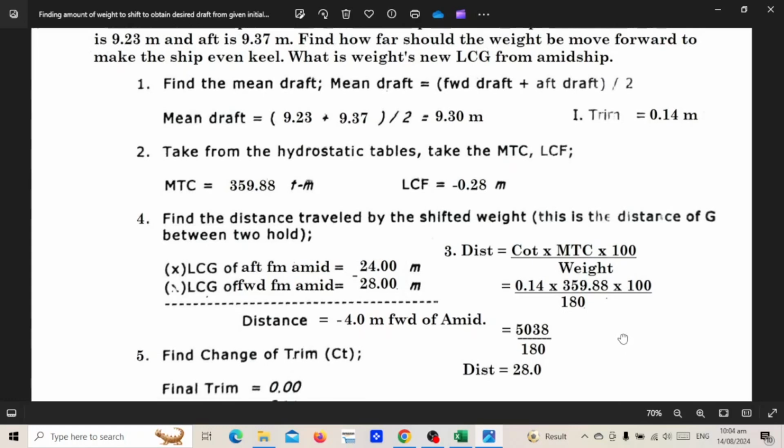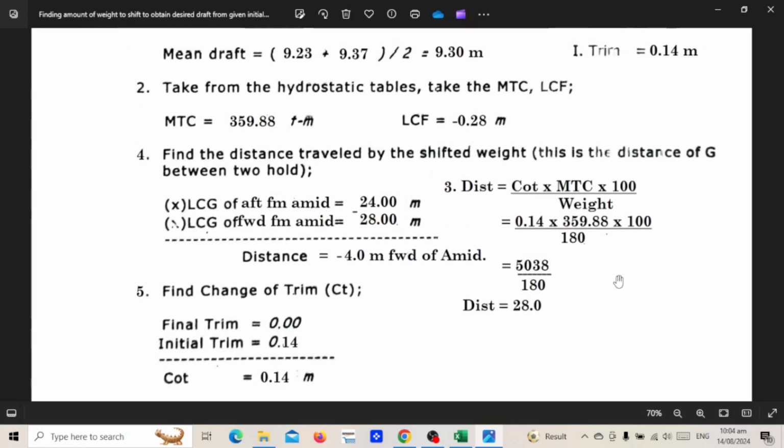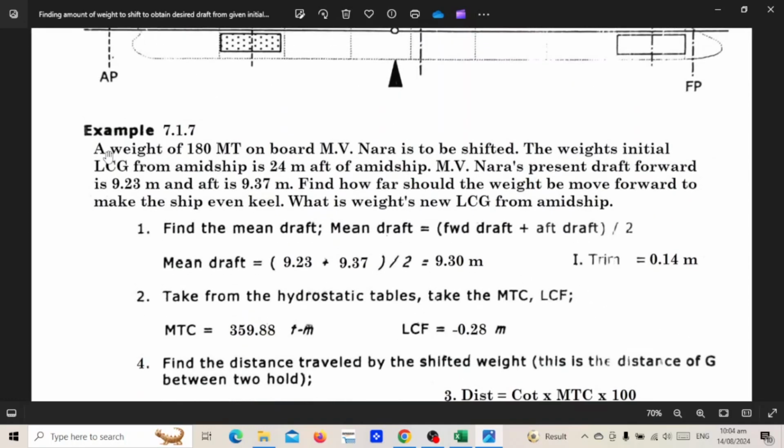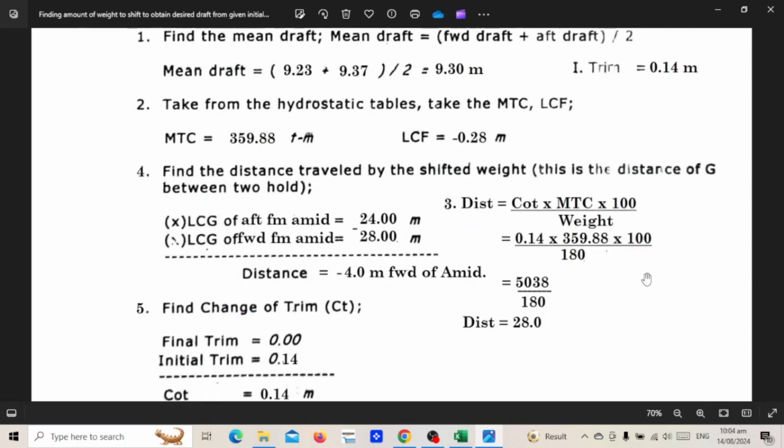Okay, so what is your change of trim? 0.14. Okay, your MTC is 359.88, which is this one, times 100 over your weight. Your weight is 180. So you do the computation until you get the distance of 28 meters.